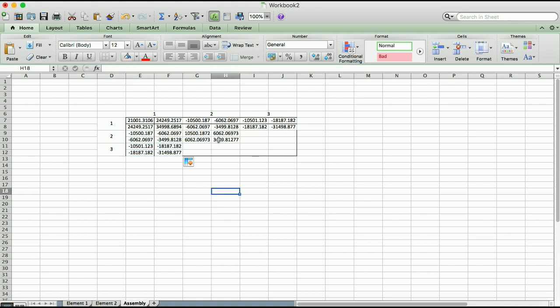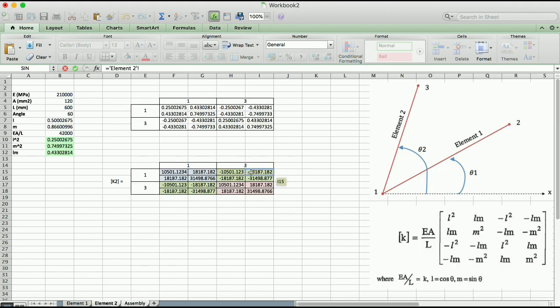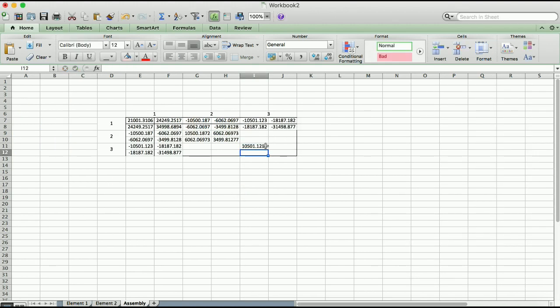Our next one is going to be 3, 3, which is this field. That will be taken from 3, 3 in element 2. And we extend it.